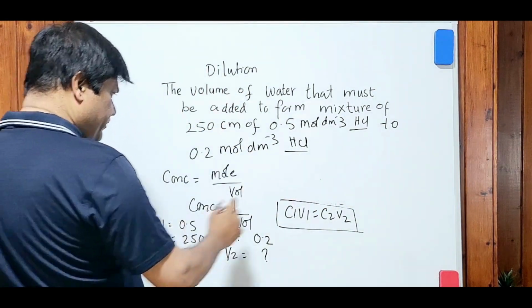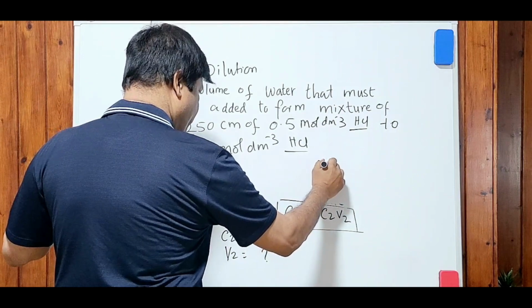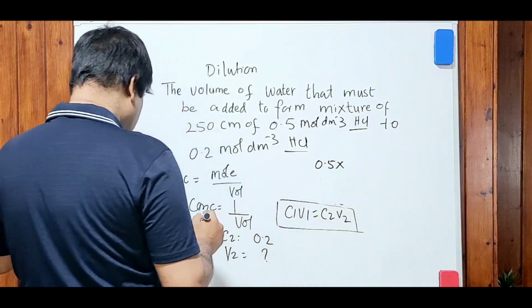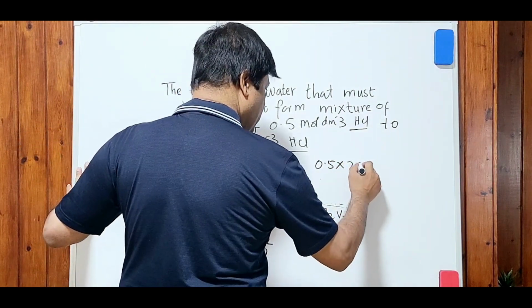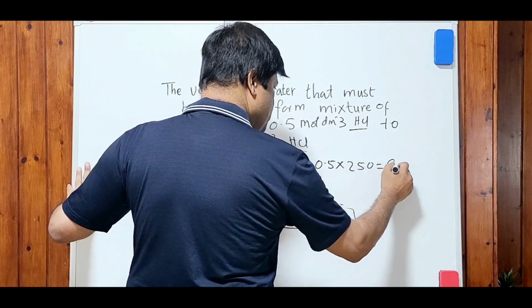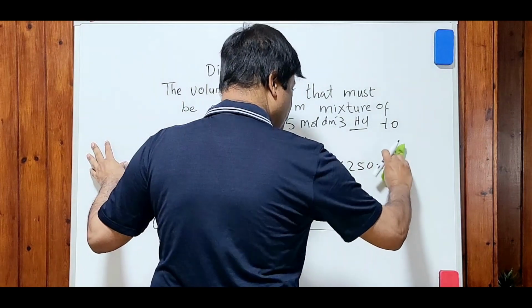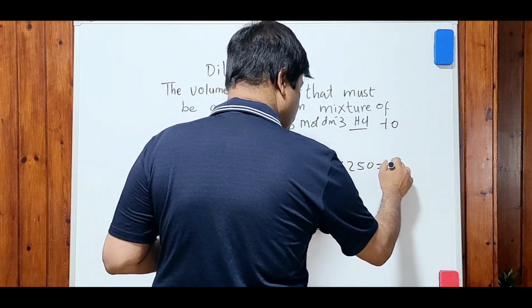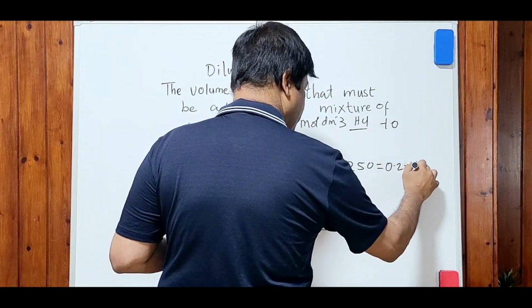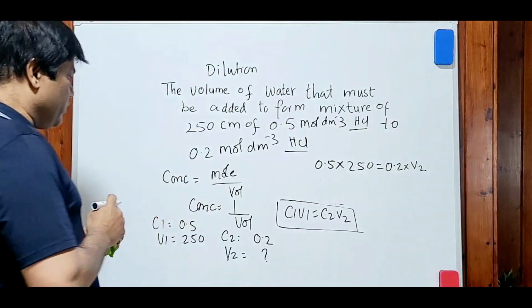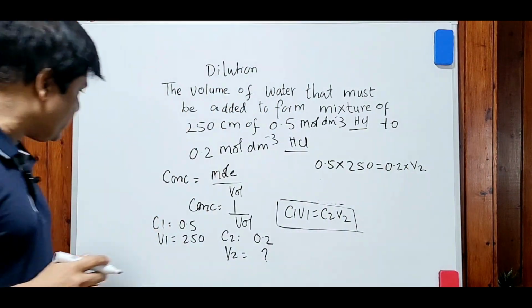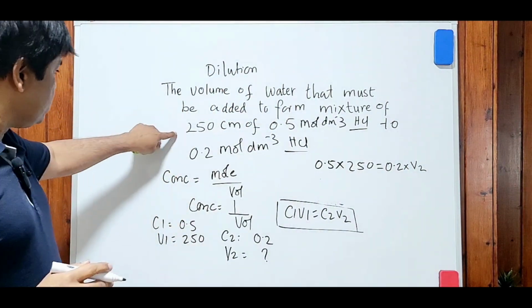C1 is 0.5 and V1 is 250. C2 is 0.2, and we have to work out V2. That's the final volume.